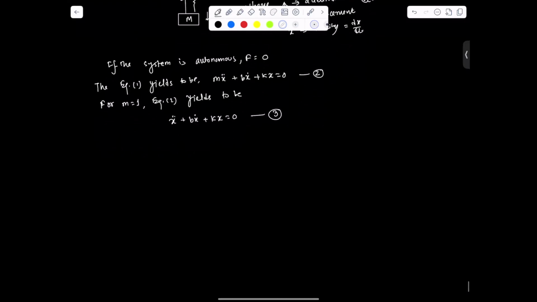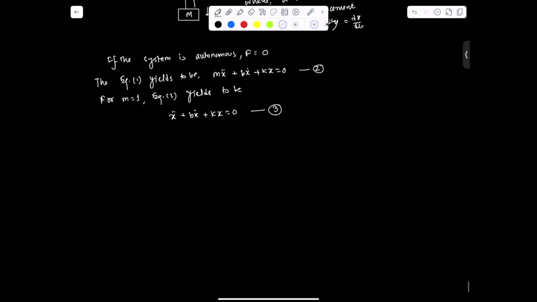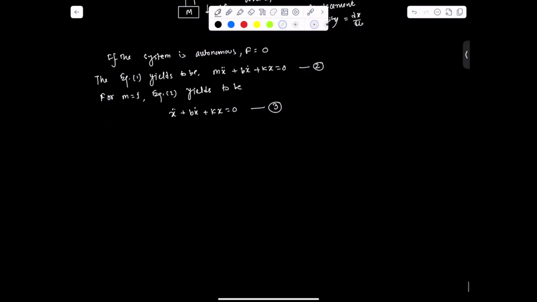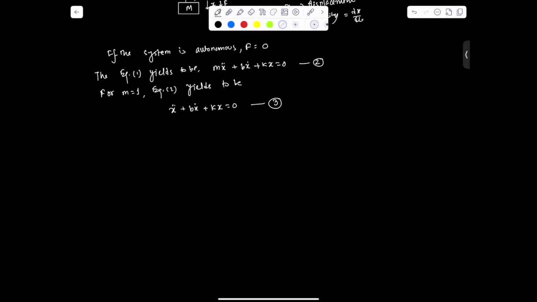And here we'll convert the system into a first order ODE. So for that, we have to apply a change of variable. Here, let us write the system in state space form.